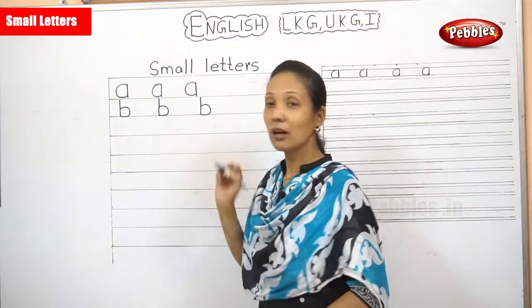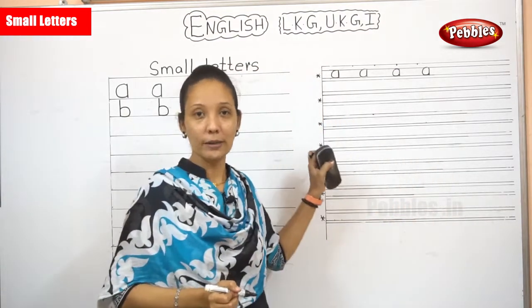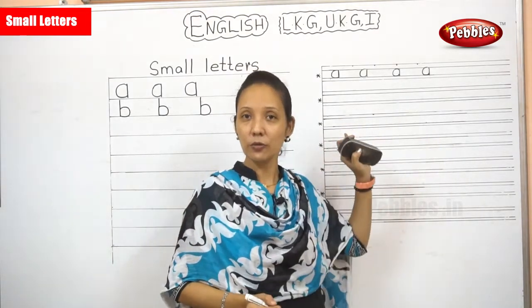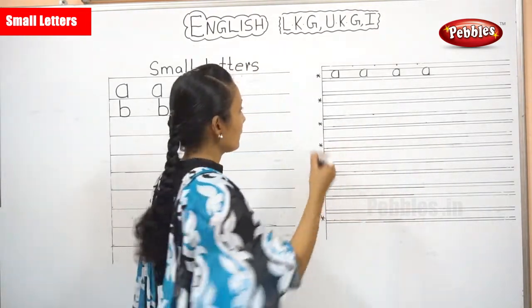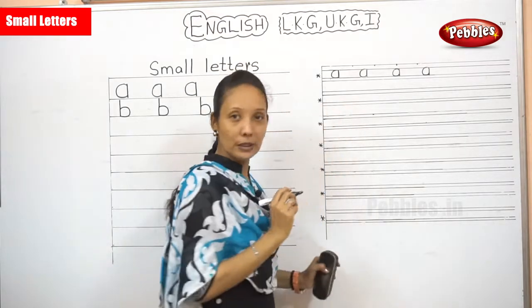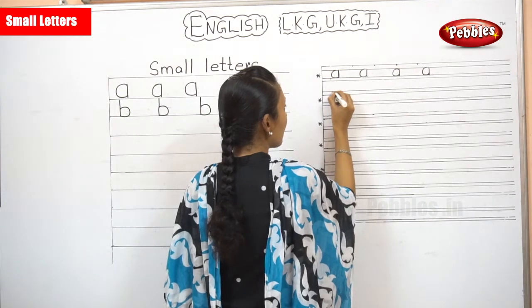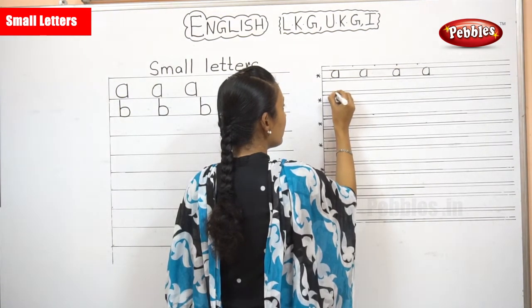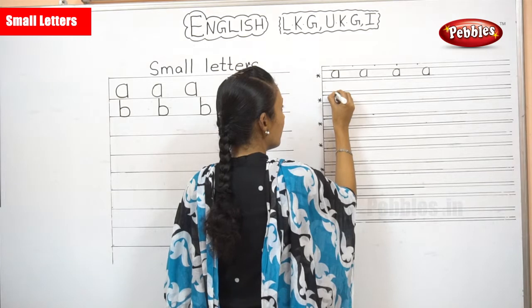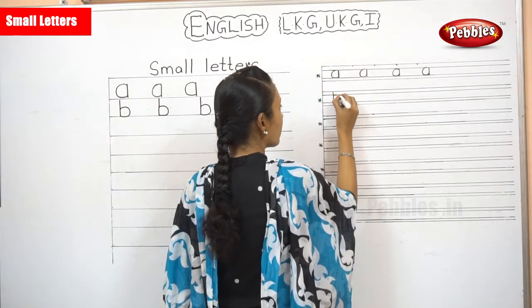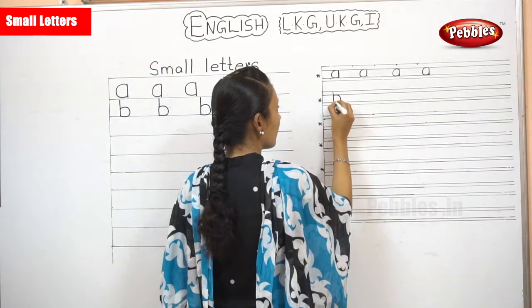Now shall we see how to write the small b on the 4 line? Can we learn, children? Yes. Now for b, you need to start from the first line, touch your third line and your curve into the second and third line.